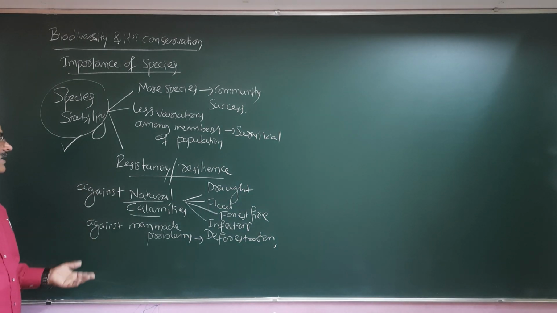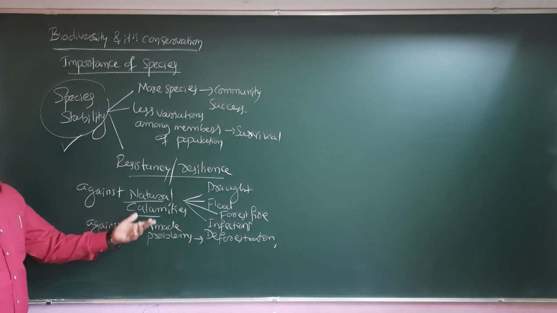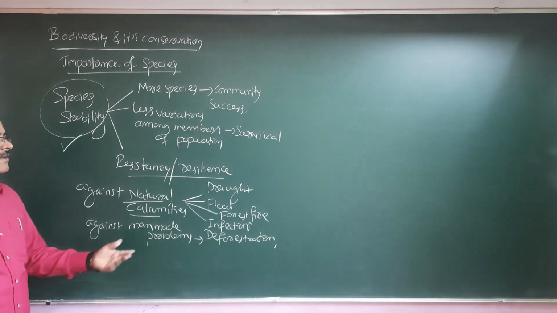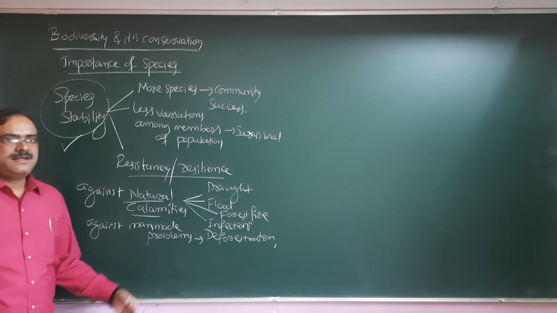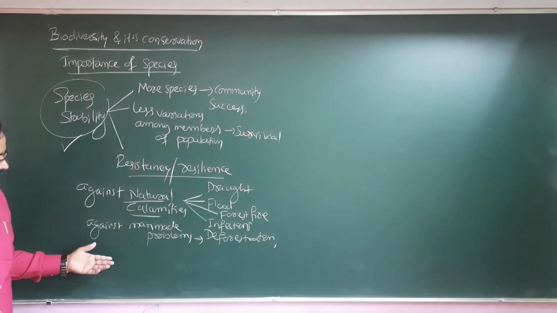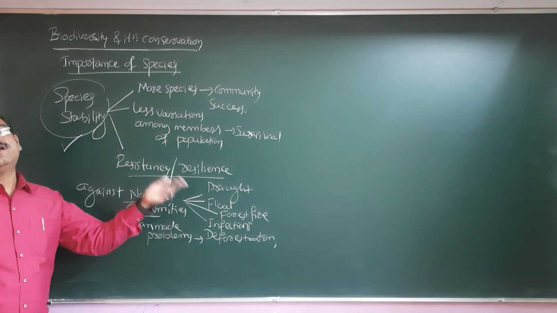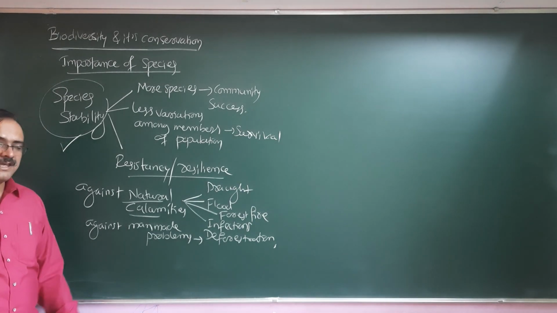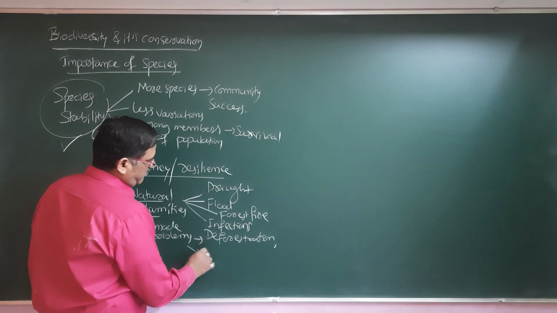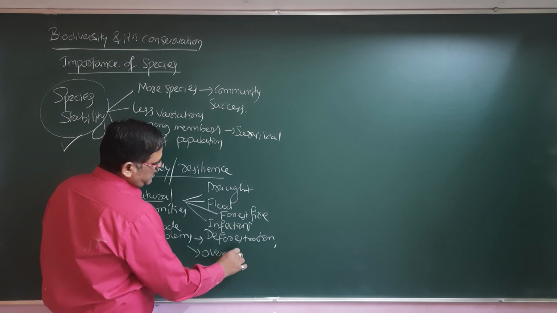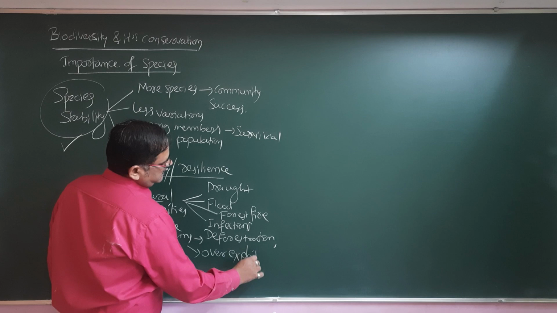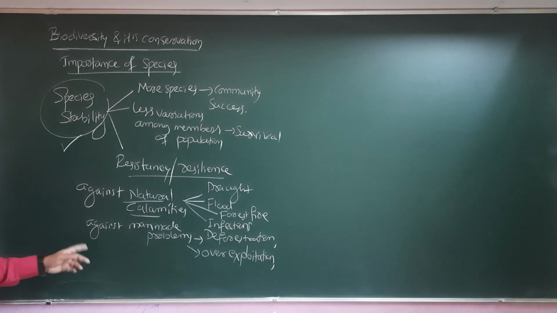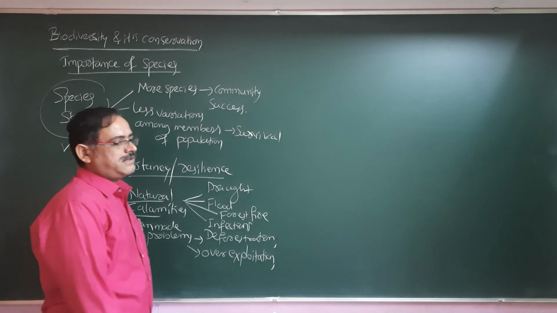And resistance or resilience against natural calamities as well as man-made problems, so it may be deforestation, it may be fire, introducing domesticated animals into the forest, over-exploitation. All these are mainly man-made problems. If any species overcomes these, definitely they remain stable.